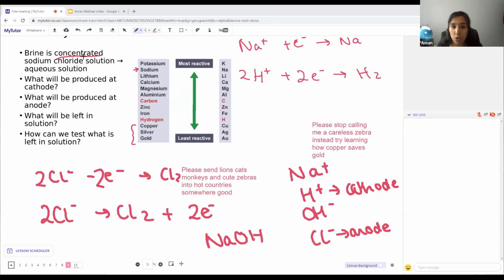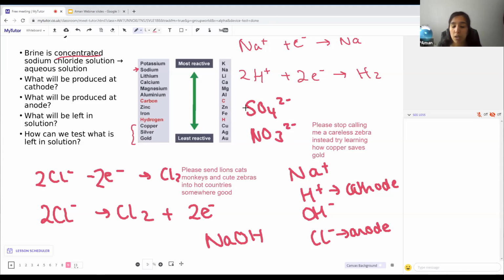If it's not concentrated and it's dilute, or if it's not chloride or iodide or bromide, so it's not a halogen ion in that solution, then we form oxygen. So if, for example, it's sulfate, SO4 2-, or nitrate, NO3 -, any of these ions, we form oxygen.